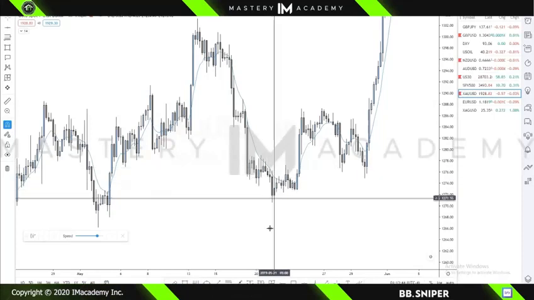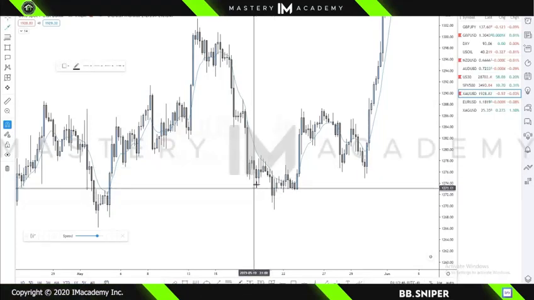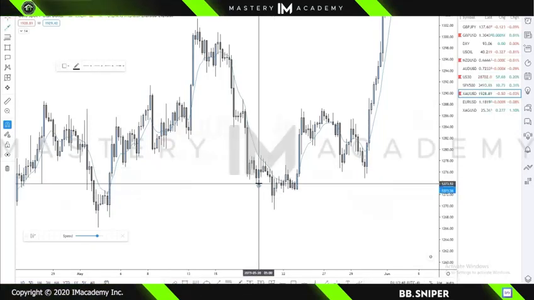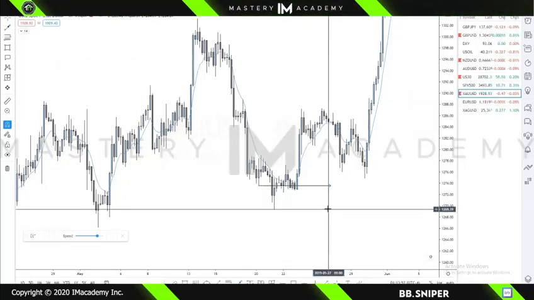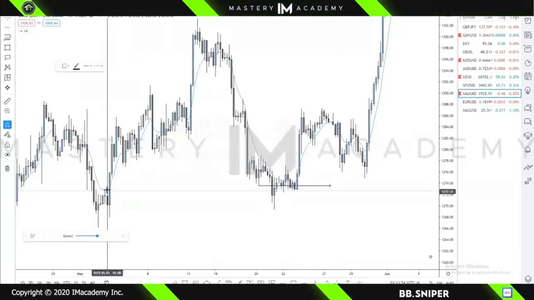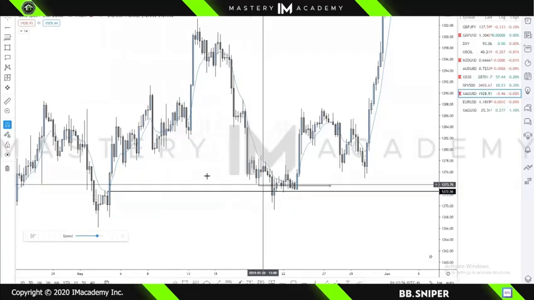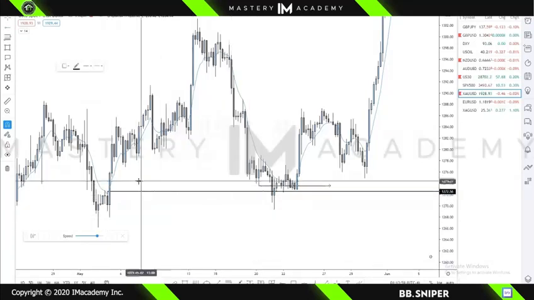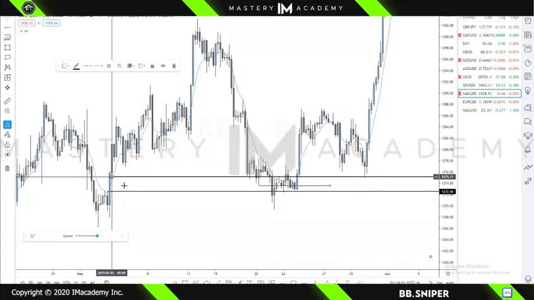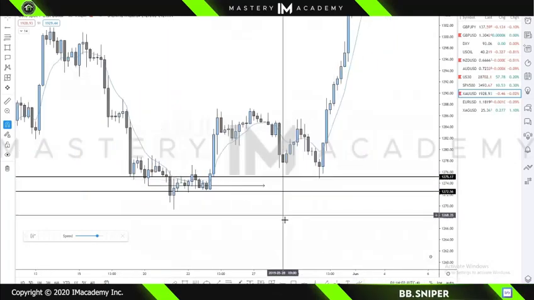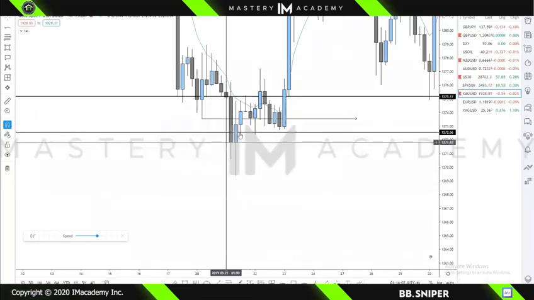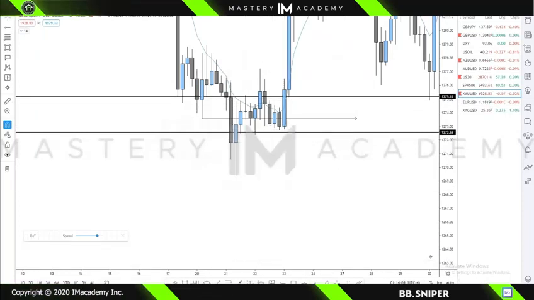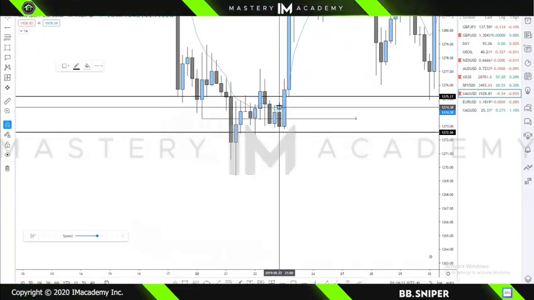Notice how this candle captures this liquidity in the form of this low. It fills this imbalance here. And at the same time, inside of this candle, there's an imbalance inside of it.